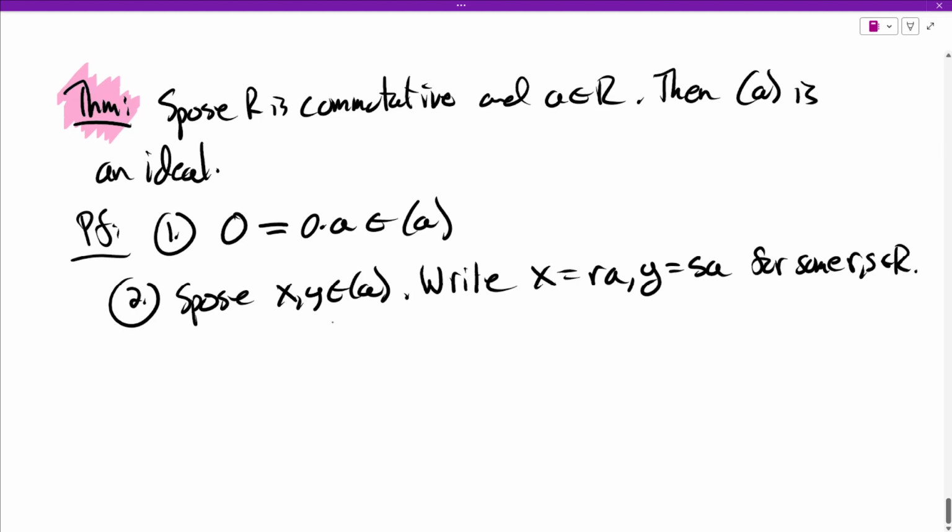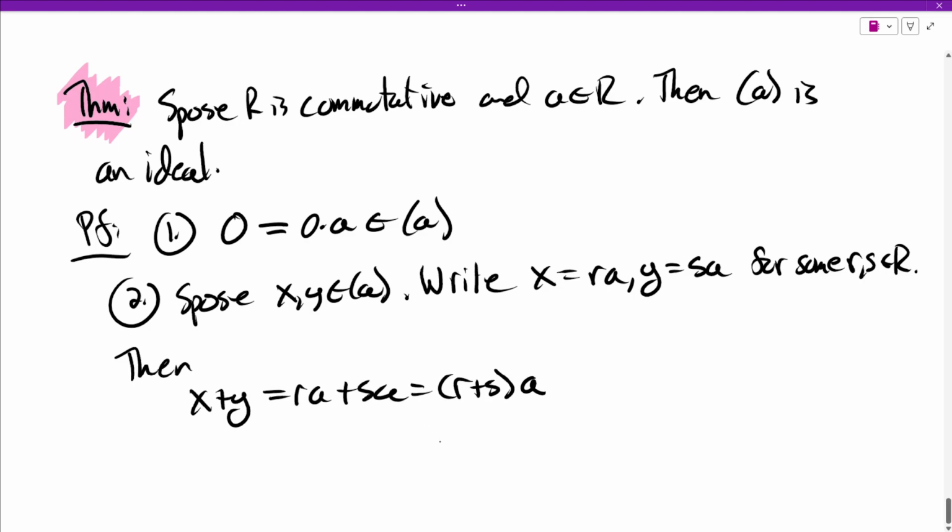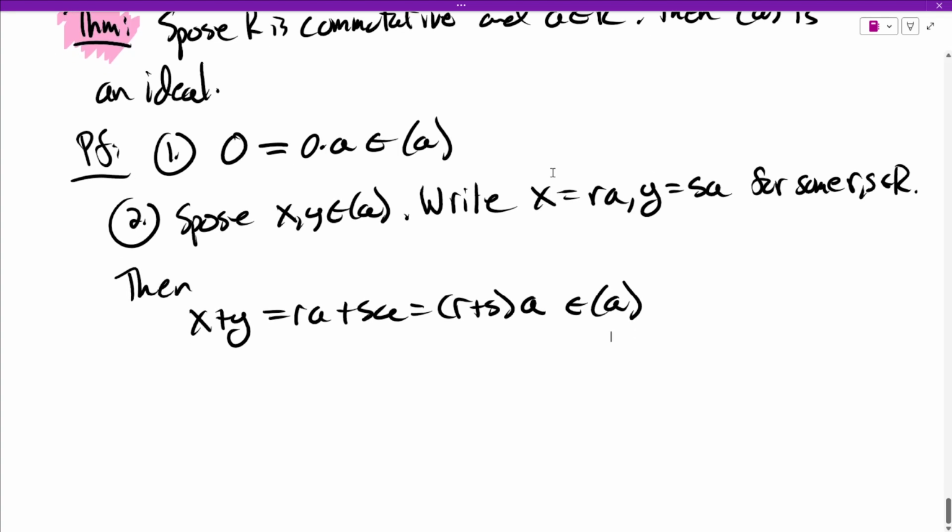It means you're a multiple of A. It doesn't matter if you write the r and the s on the left or the right, because we're commutative. I'm just going to choose to put it in the same form as the definition. Then x plus y is rA plus sA, which is (r plus s) times A, because the distributive law holds. Is that a multiple of A again? Yeah, it's (r plus s) times A. So that is again in the ideal generated by A. Okay, so it's closed under addition.